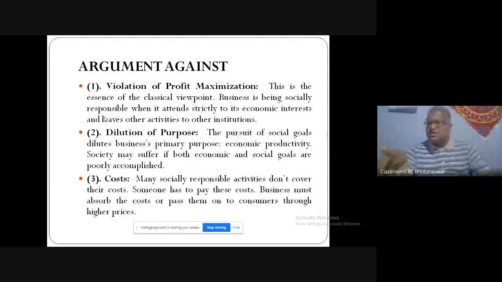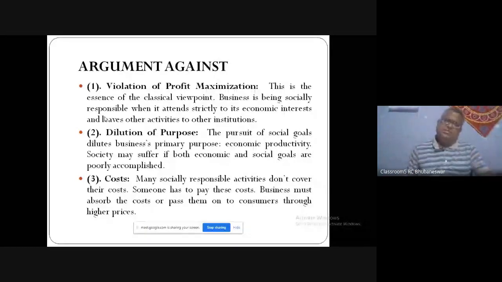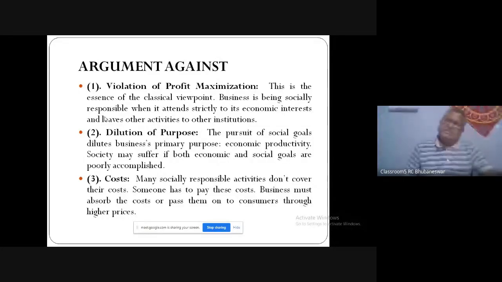Profit maximization can be violated, so it has a negative impact, and it is one classical view of the responsibility of a business. Another one is dilution of purpose. Sometimes dilution arises when an amount is invested, the company is poorly managed, it is not invested for productive purposes, or the social goals cannot be achieved.